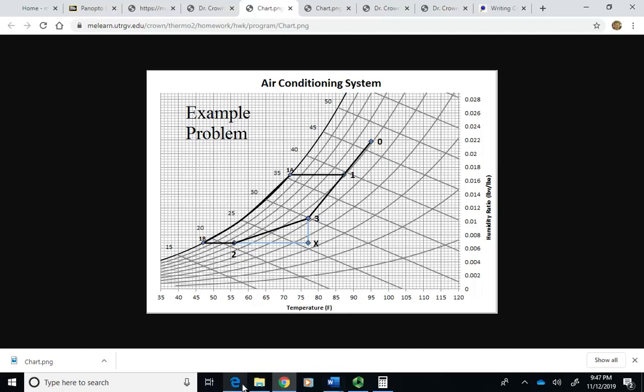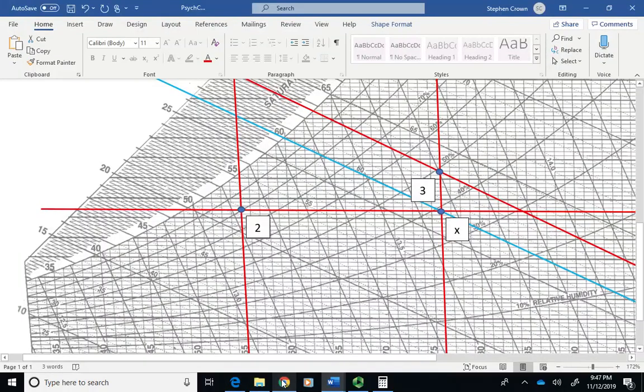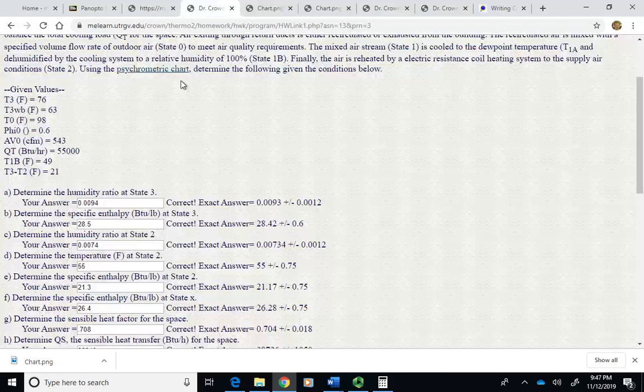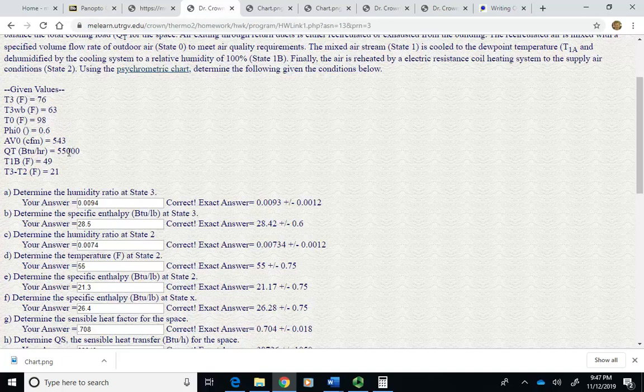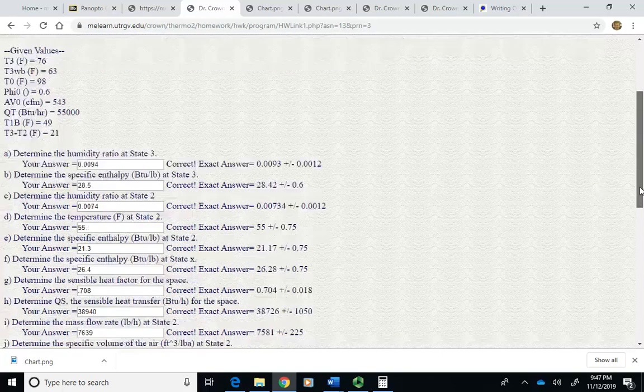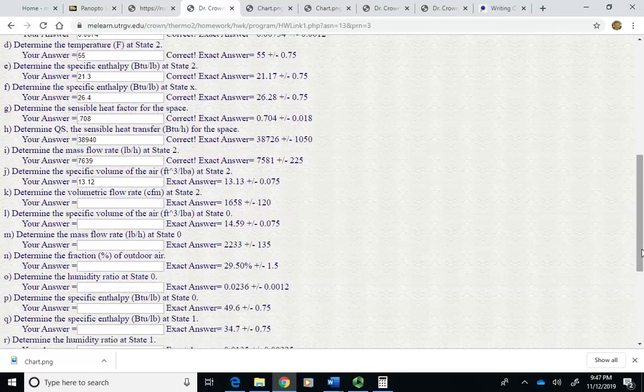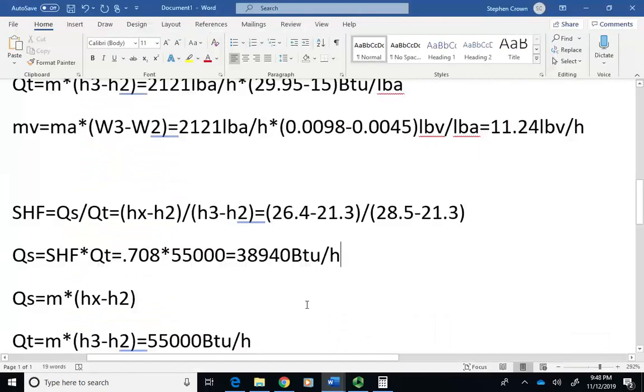So let's go back and see. So we were told the QT and the delta H, so we have the mass flow rate at state 2, and now we want the volumetric flow rate, state 2 still.